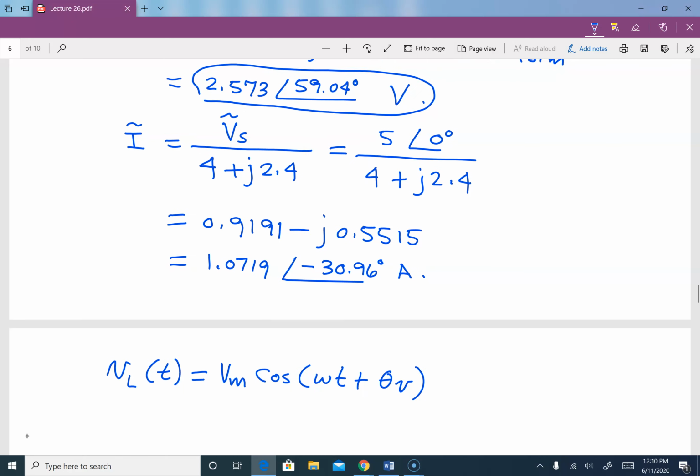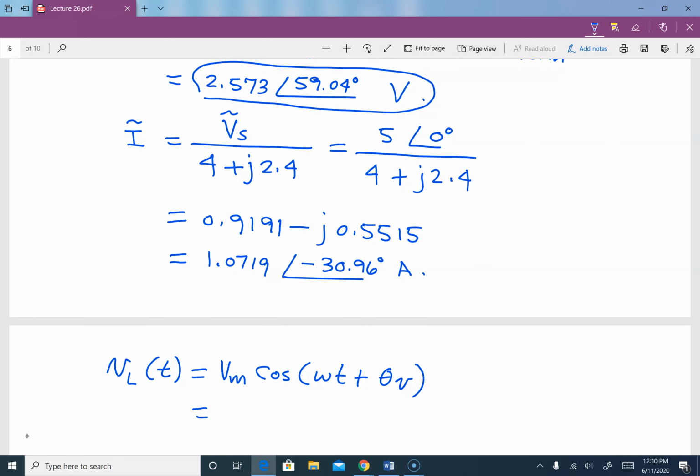That is the general form. So Vm is 2.573, cosine, omega was given, which is 8t, plus 59.04, and that is in volts.